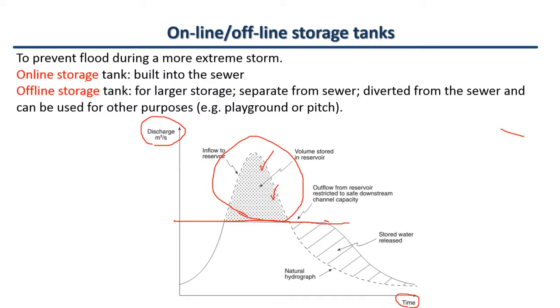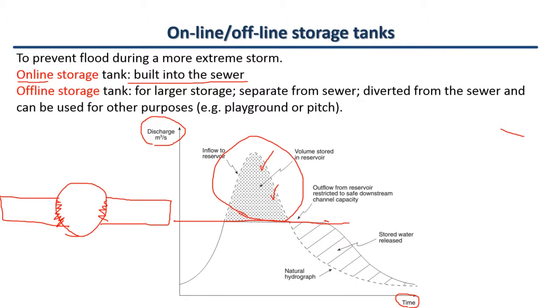But what's the difference between online and offline storage tanks? Online is something that is built into the sewer. For example, you have a sewer inside the ground, and under the ground you can make a tank like this. Let's say we remove walls. The pipeline, rather than circular, you can have a very big tank storage underground.